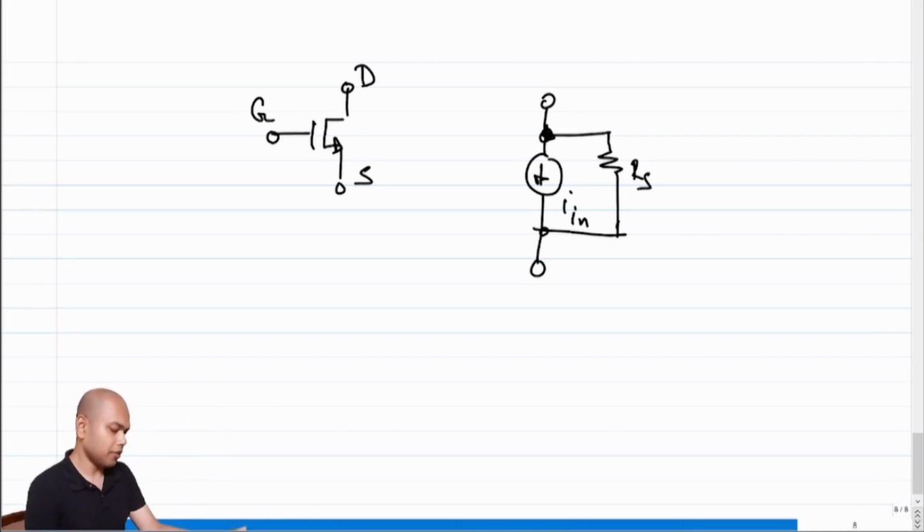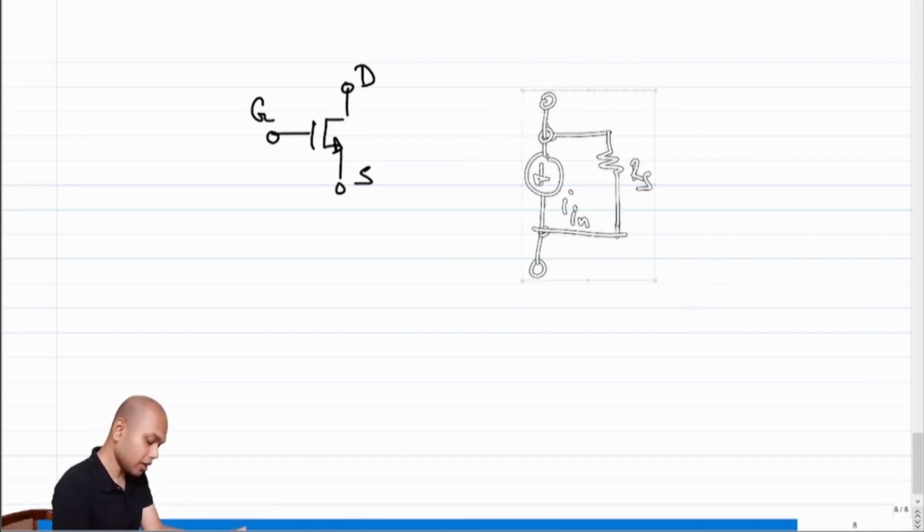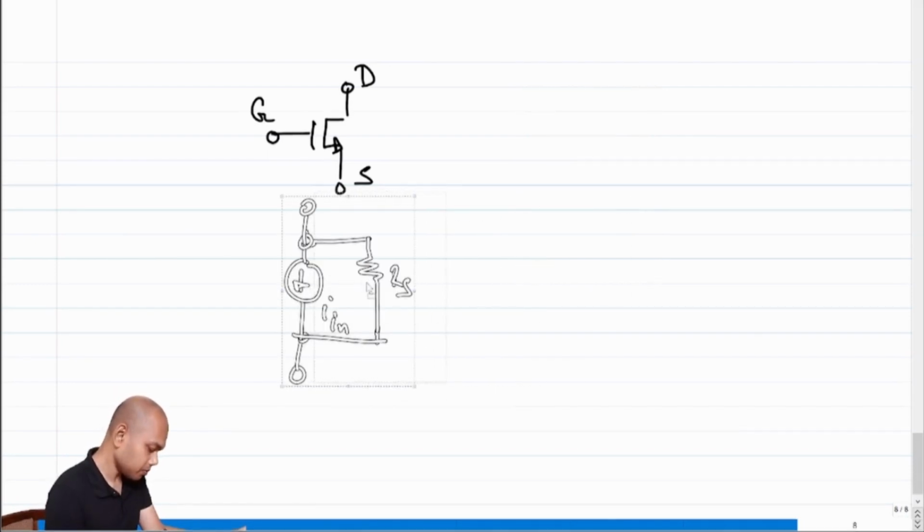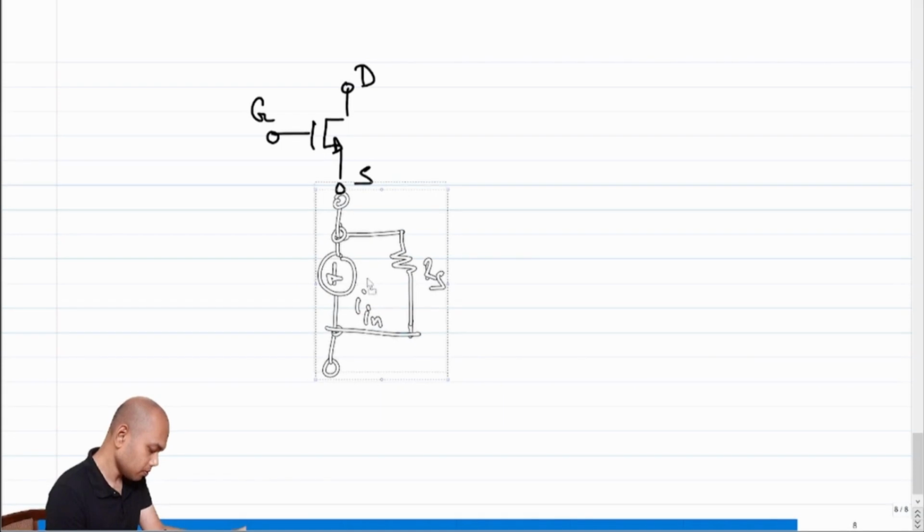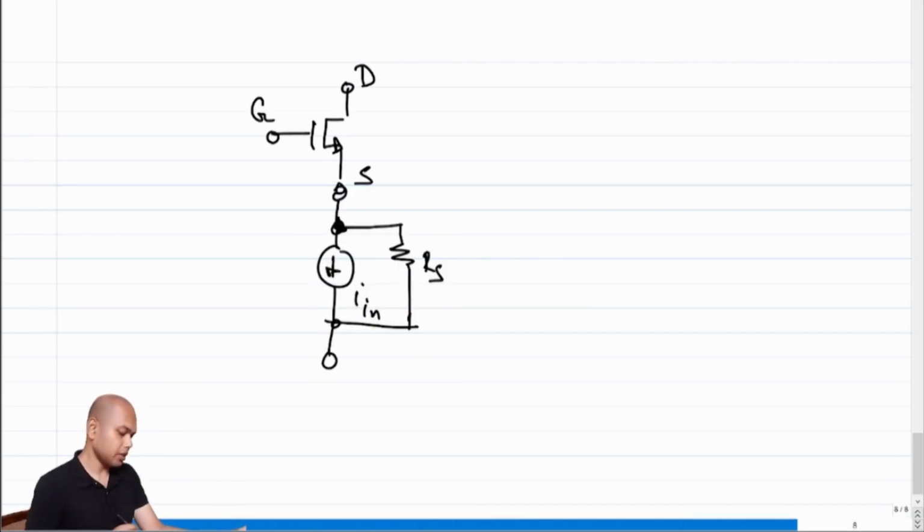We should definitely connect the control source. Where should we connect this non-ideal current source? We should connect it to the source of the transistor M1.